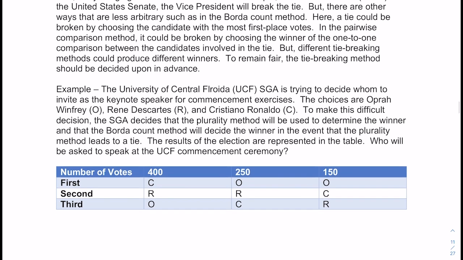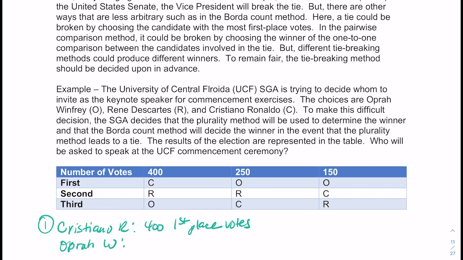Okay, so let's take a look first at our candidates here. The first one we've got is Cristiano Ronaldo. How many first place votes did Cristiano get? If you look at the first line there, he got 400 first place votes. Next I'm going to go with Oprah.